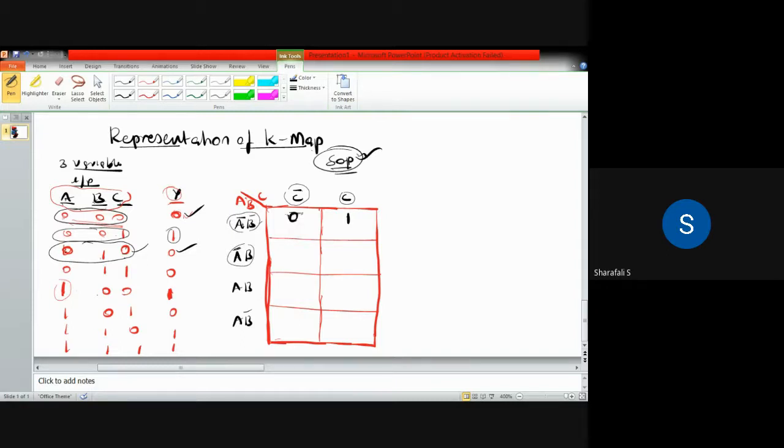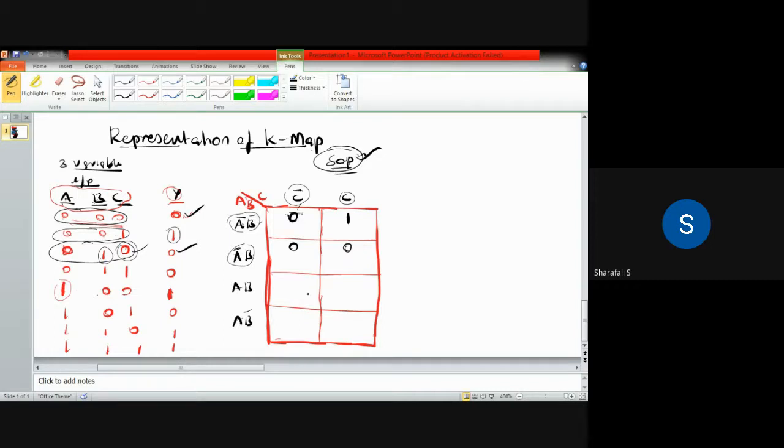So A 0 results in A bar, this is B, this is C bar. So A bar B C bar will be that particular cell, in this row, this column. So the output here is 0. Similarly, if you consider all other values, we can easily write all the outputs.